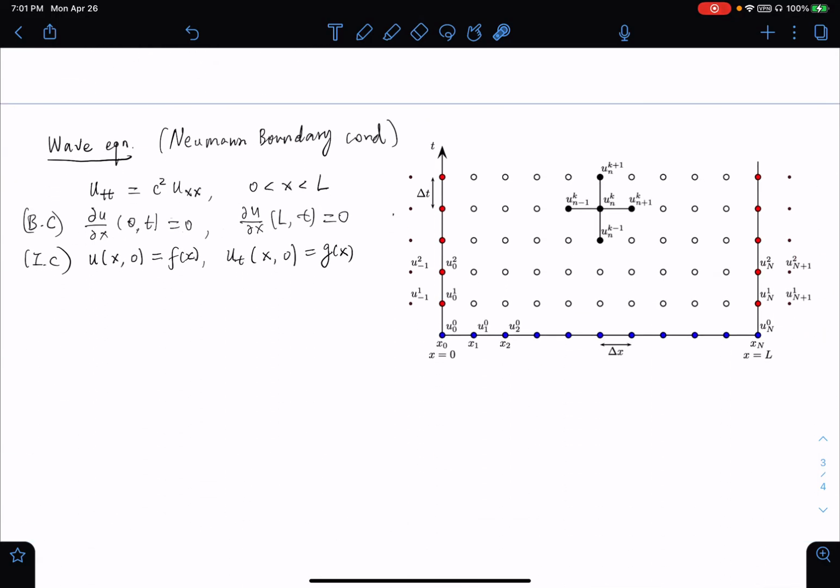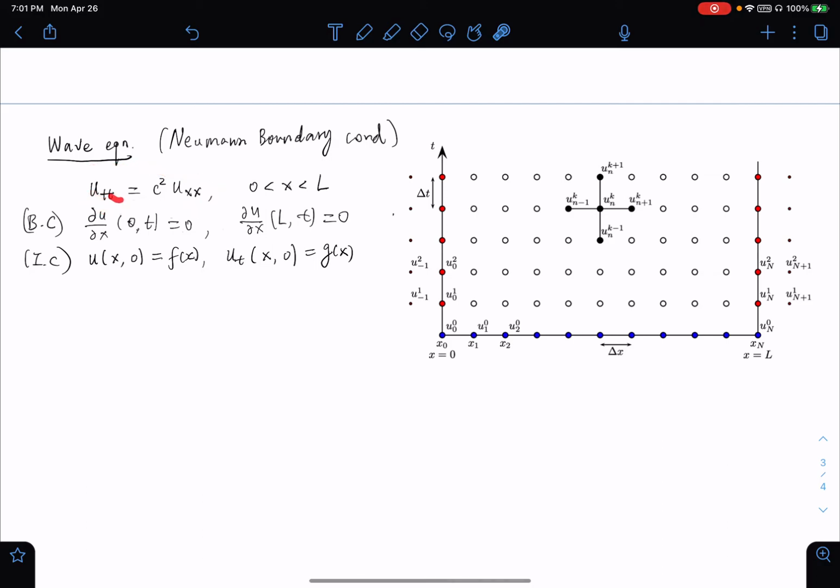now let's talk about the example where we specify Neumann boundary condition for the one-dimensional wave equation. And again, we have two initial conditions. So the idea would be very similar. First, we can discretize our equation using the same finite difference formula.